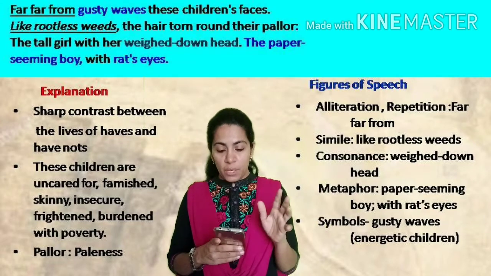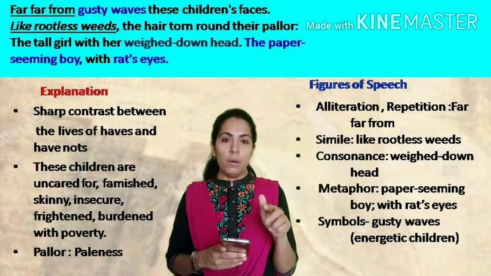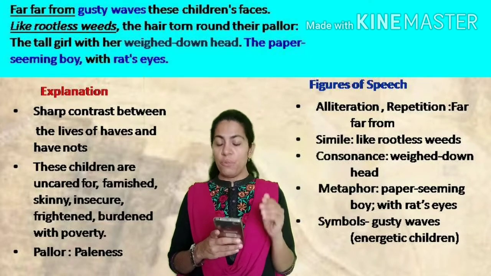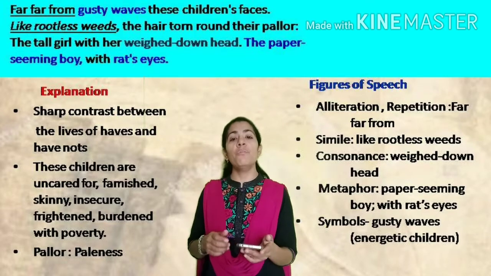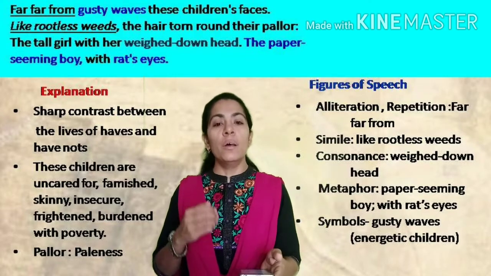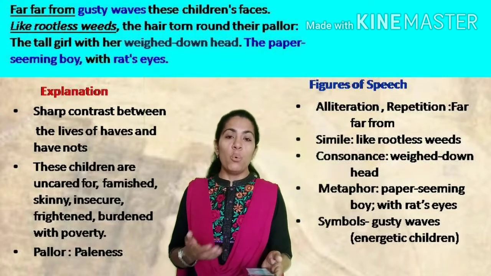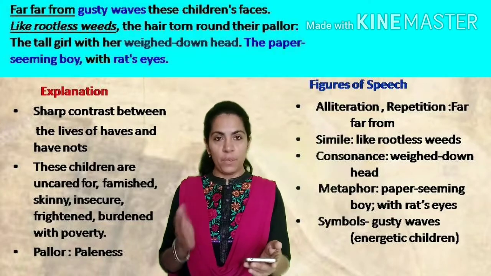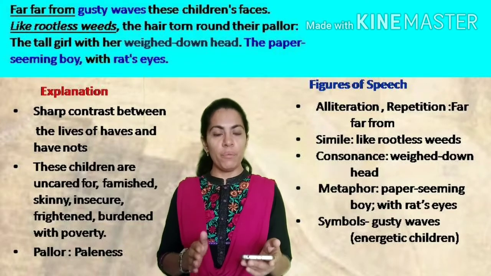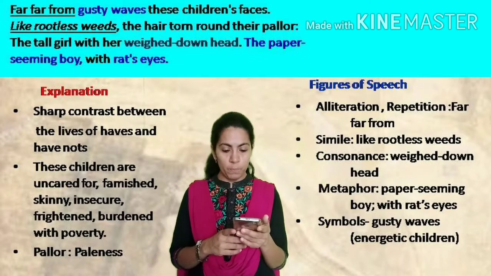So this is the meaning. And "far, far" is an example of repetition. "Far, far from", there is an alliteration as well in these lines. And gusty waves symbolize the people or children who are privileged or who are leading a happy life. It can be a symbol of those people also.